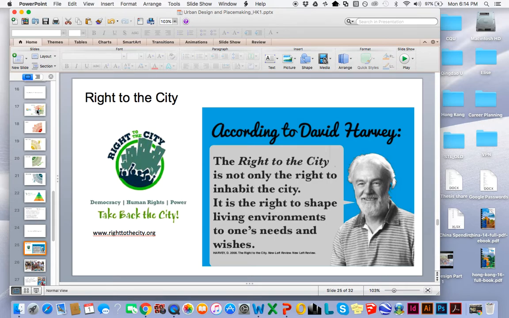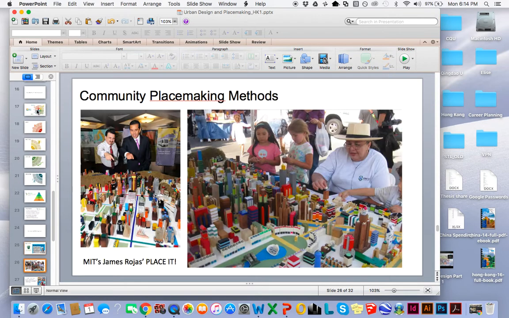And there are some new ways that we in the United States, and in particular at MIT, are trying to move in this direction. So, for example, from my department, we have an alumnus named James Rojas who has created a consulting firm called Placeit.